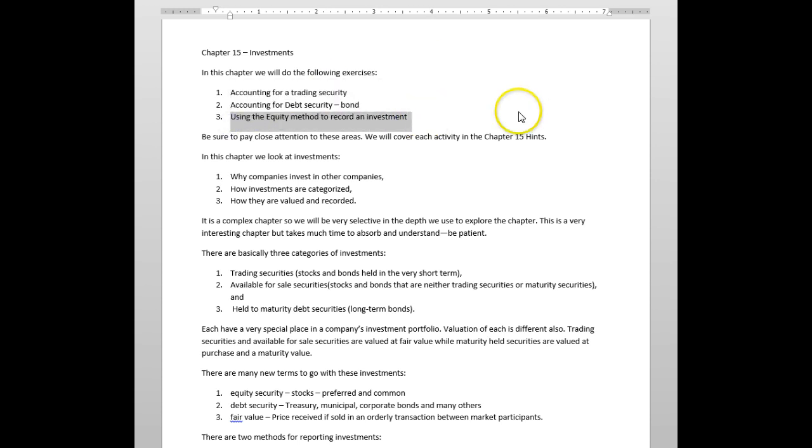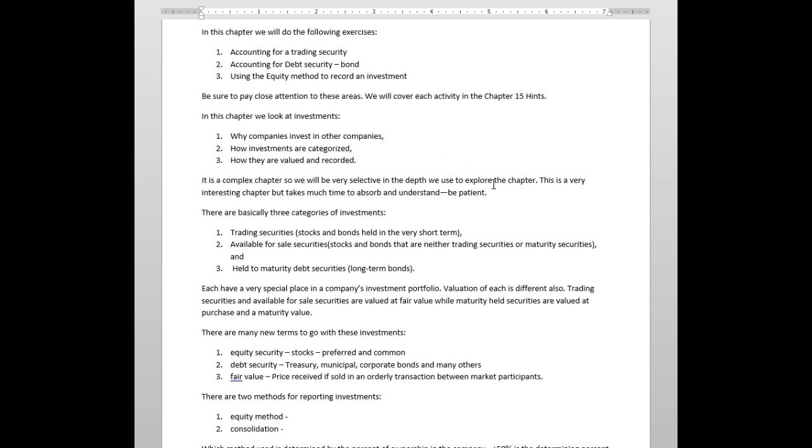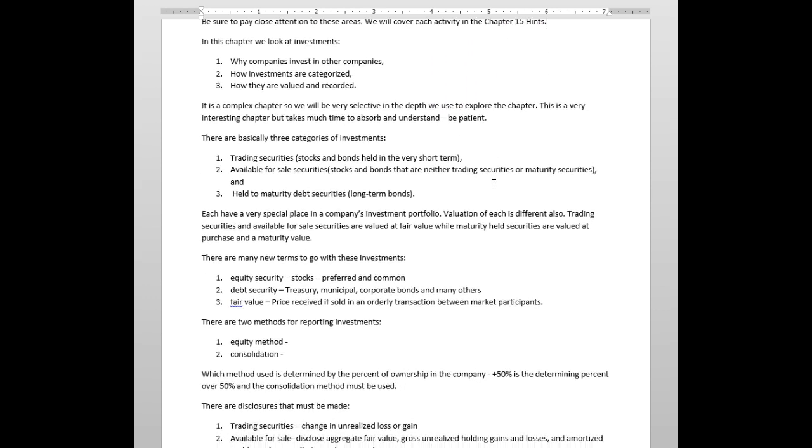So I'm going to give you an overall basic view, and then we'll move on to the Chapter 15 hints. I think the hints are pretty good, so they should help you throughout this. In this chapter, we're going to look at investments: why companies invest in other companies, how they're categorized, and then how they're valued and recorded.